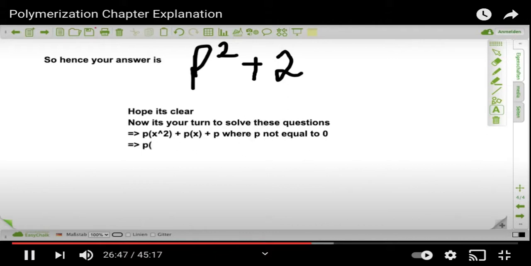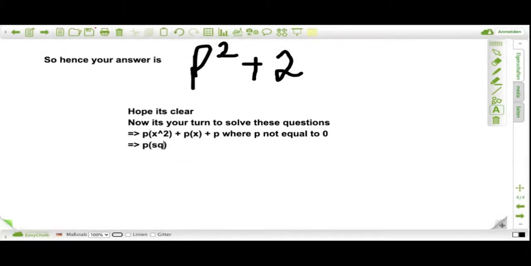Next problem. So p of square root of x plus p plus 1 of square root of x.